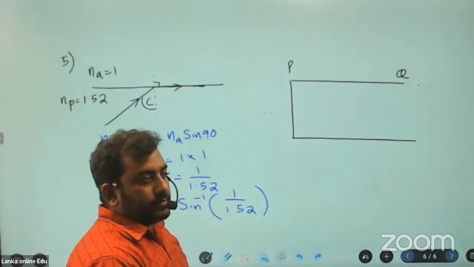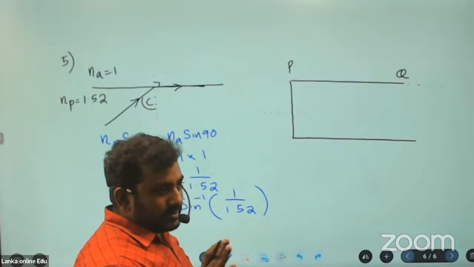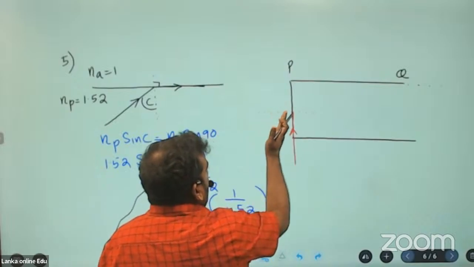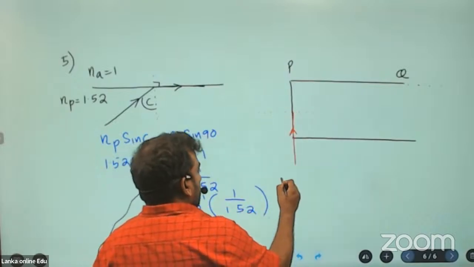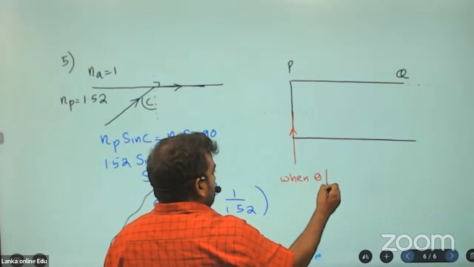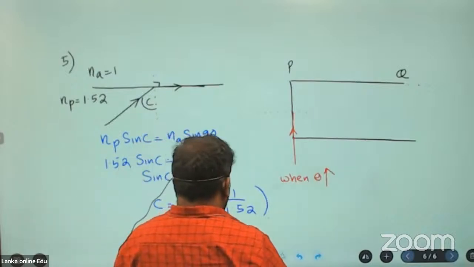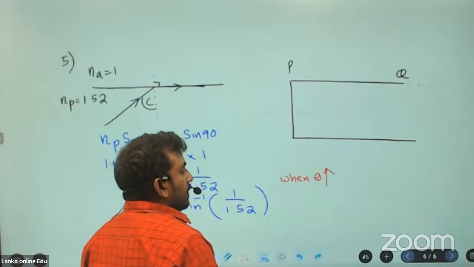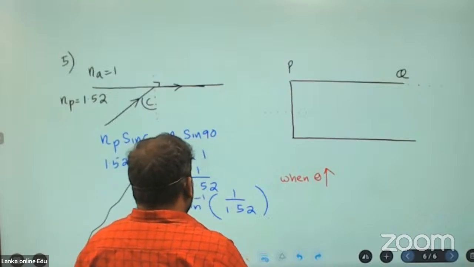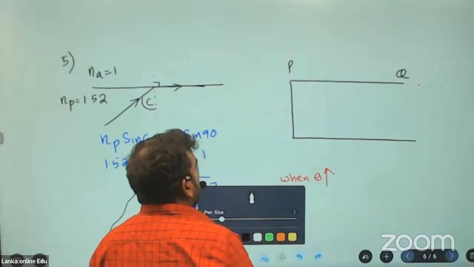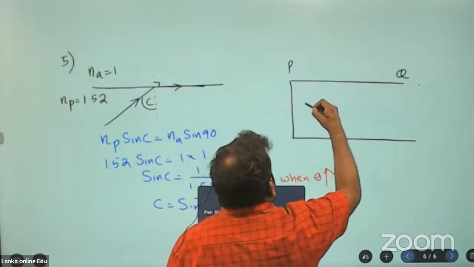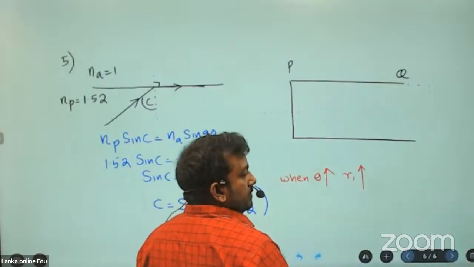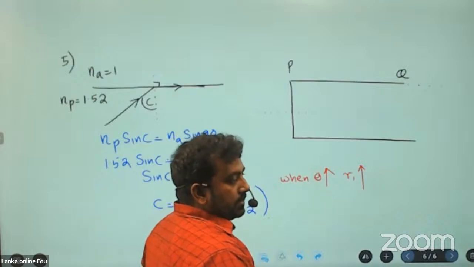So think very carefully. It's very easy logic. When the angle of incidence increases, when theta increases, R1 will also increase.